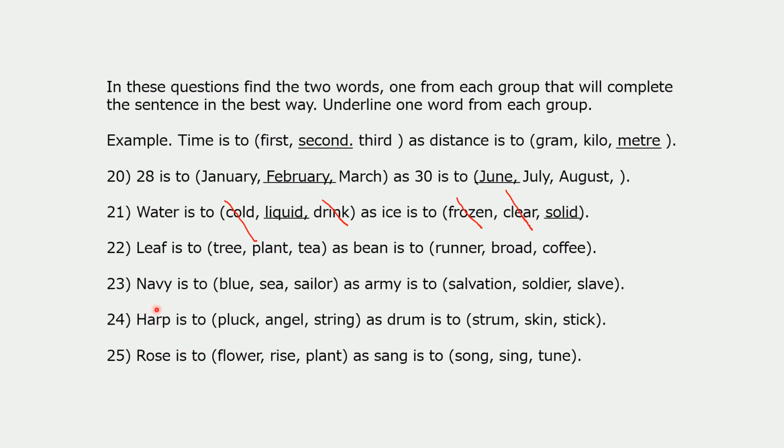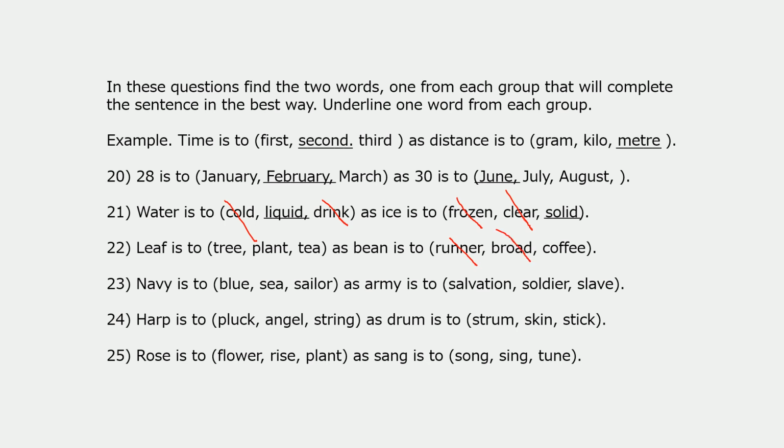Now, question 22. Leaf is to either tree, plant, or tea, as bean is to runner, broad, or coffee. Well, what do we think? On bean, it definitely can't be runner, as runner has no similarity to tree, plant, or tea.